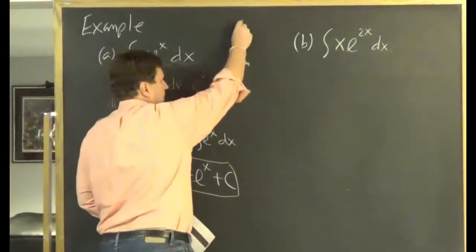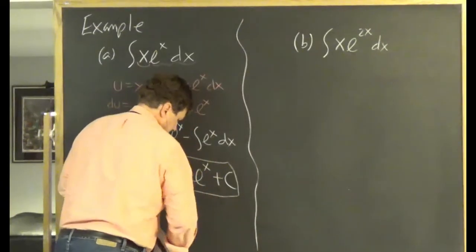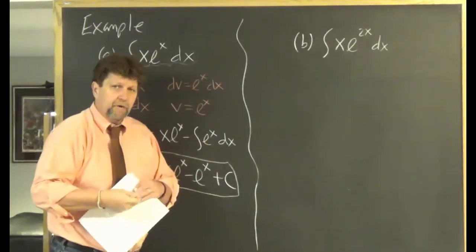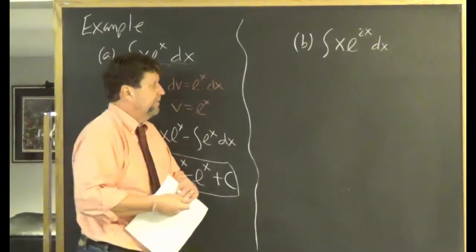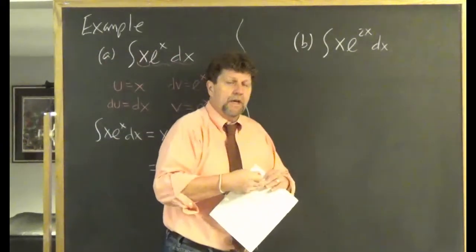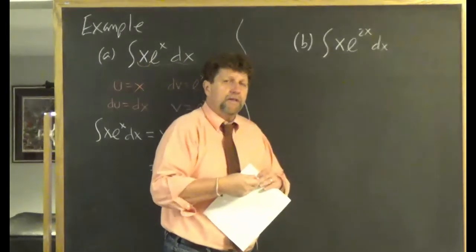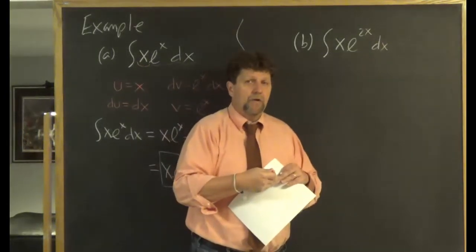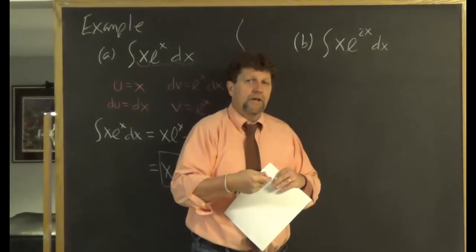Part B. Alright, so part B, I'm going to go through the process of integration by parts again. So I look at the original integral, and I'm saying, well, what part of the original integral, if I let u equal that part, would give me a simpler function?